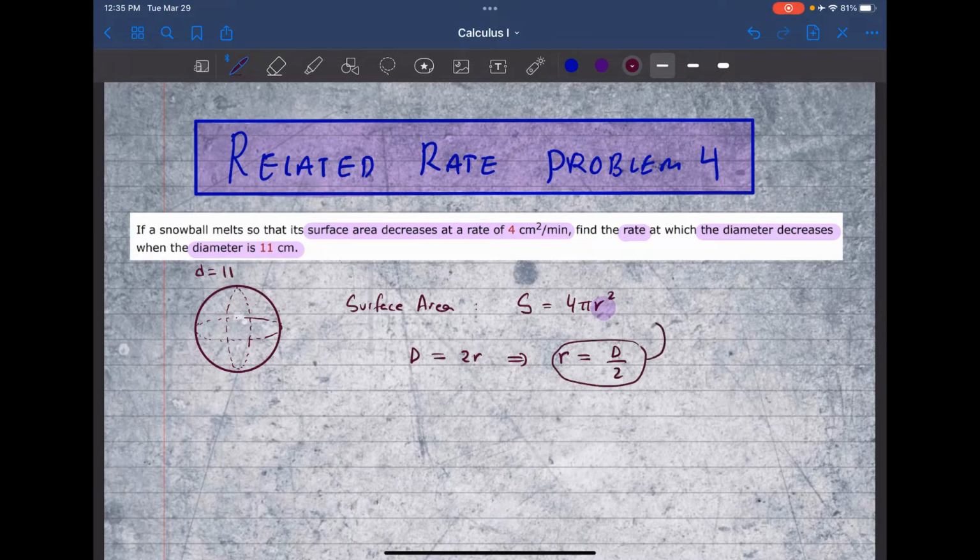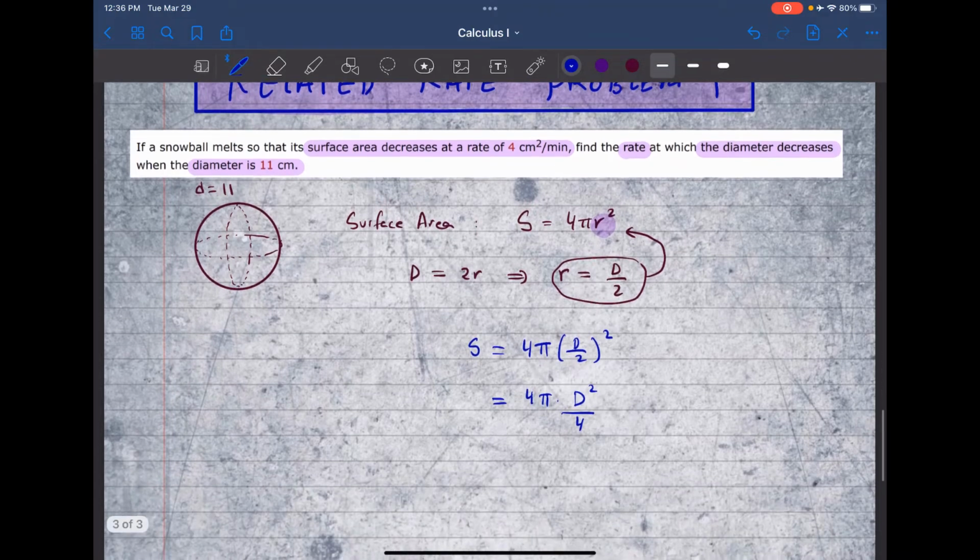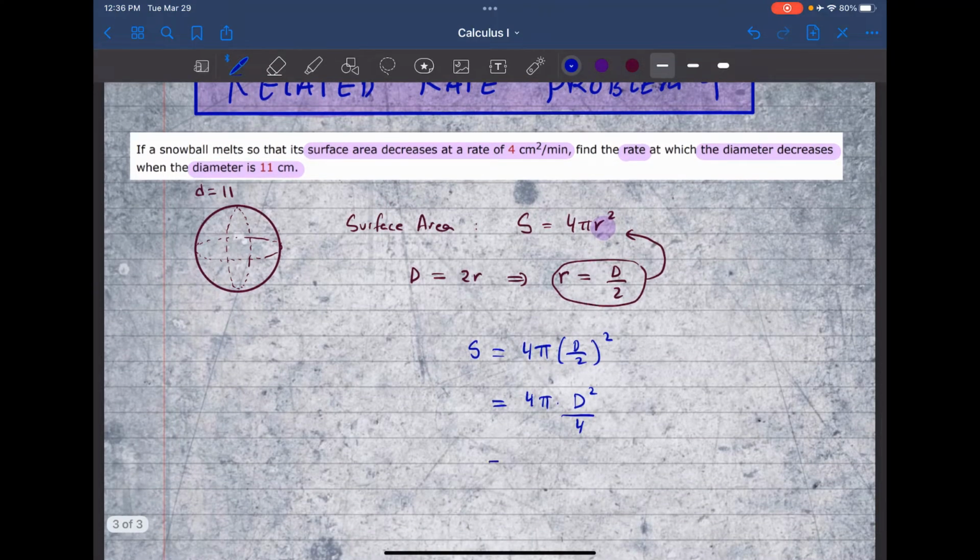So that's what I can substitute in here to express surface area in terms of the diameter. Then our surface area S simply becomes 4 pi times (d over 2) squared, which simplifies to 4 pi times d squared over 4. Then we can cancel out the 4. We have pi d squared as the surface area.